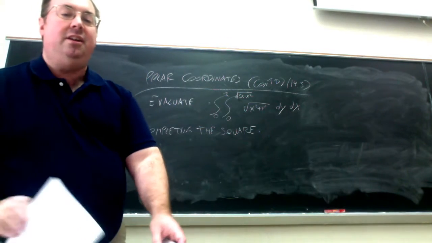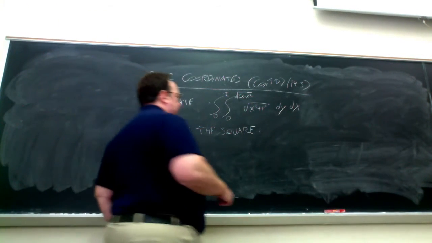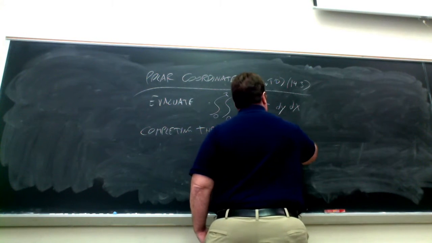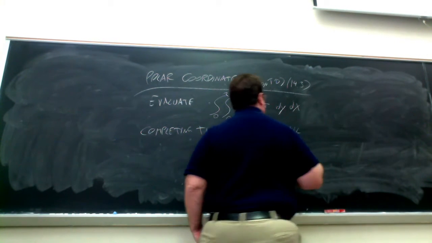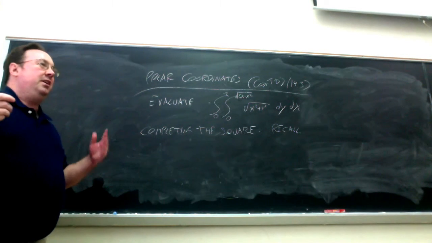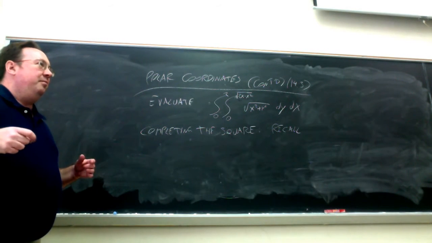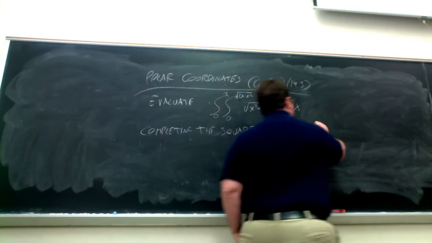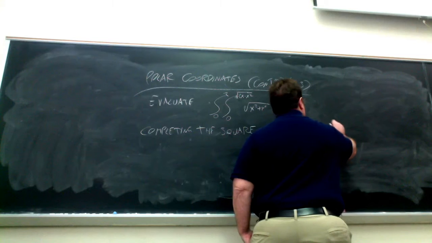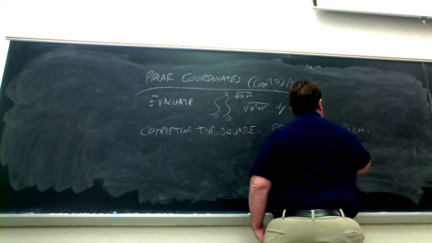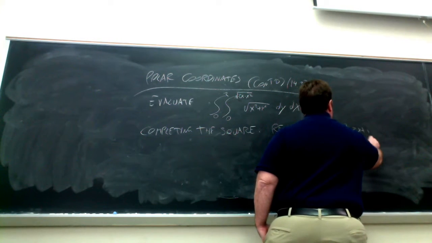Now, this one is easier to handle than the general case because it's something that comes up often enough that it's worth having in your mental cache, if you will: x plus 1 squared is x squared plus 2x plus 1, and x minus 1 squared is x squared minus 2x plus 1.